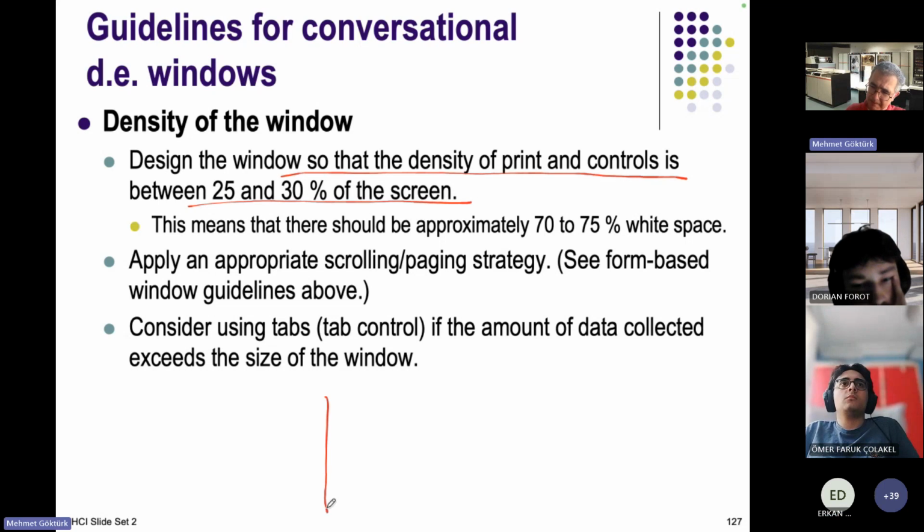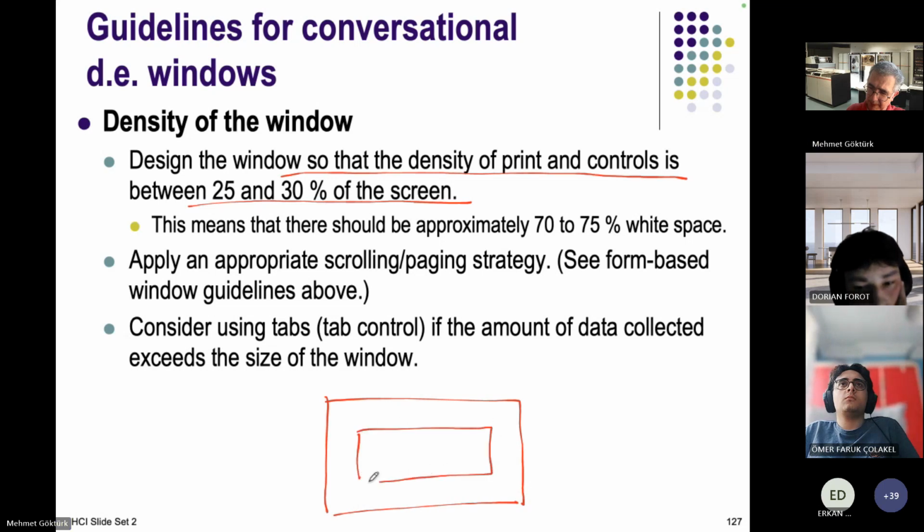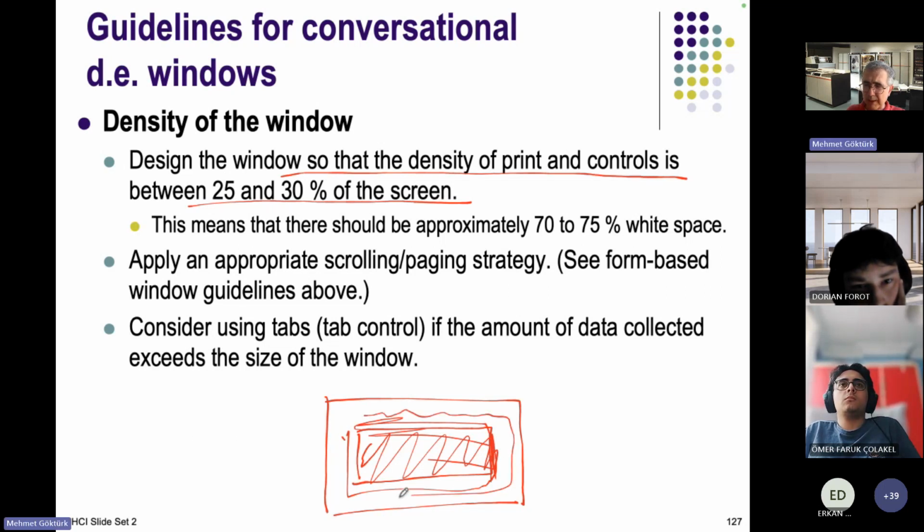So here is your window. That's around 30%. So this kind of busy place must be used. Some white space should be provided around. Otherwise, it will be difficult to use.